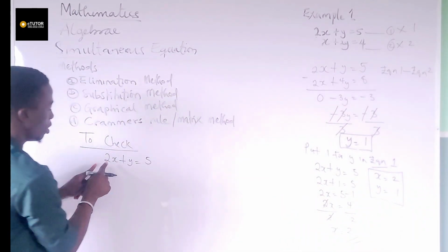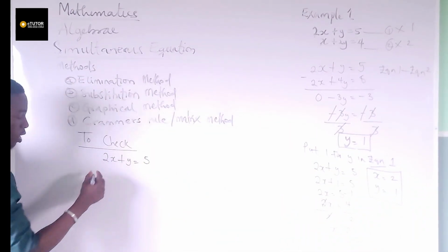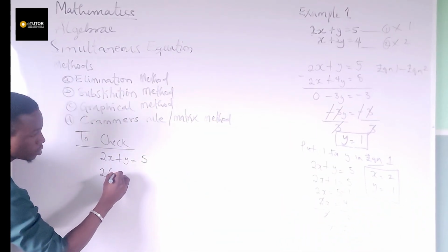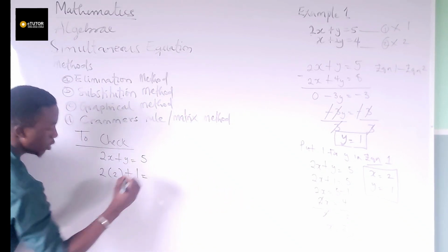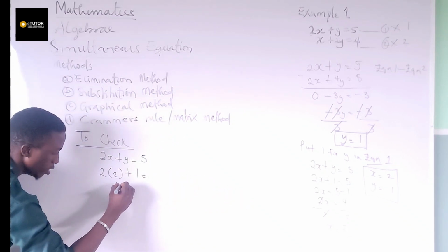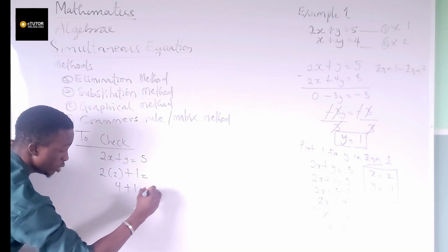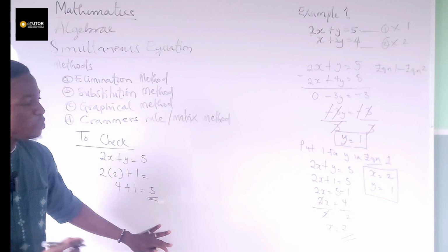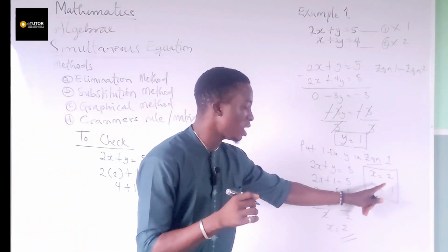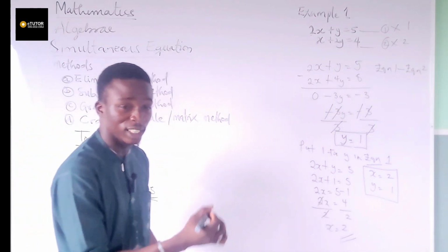So put the values of them in this equation. We have 2 times 2 plus, what is the value of y we've gotten? 1. What would that be equal to? 2 times 2 gives 4. 4 plus 1 gives 5. So you are correct. Always make sure to check your answers after you've solved to know you've actually done the right thing.